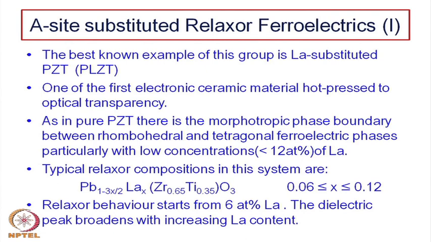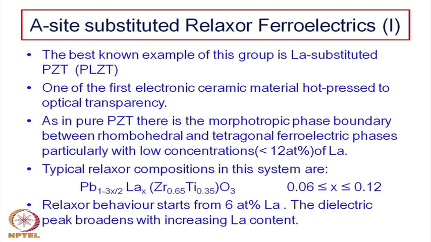However, the typical relaxor composition in this system is about Pb(1-3x/2)La(x)Zr(0.65)... This composition was presented earlier, and the x value changes from 0.06 to 0.12, that is about 6 to 12 atom percent.